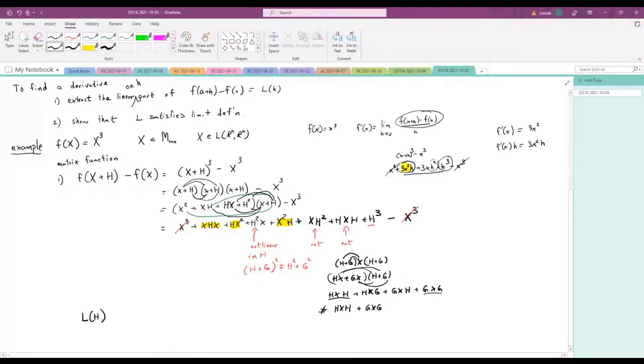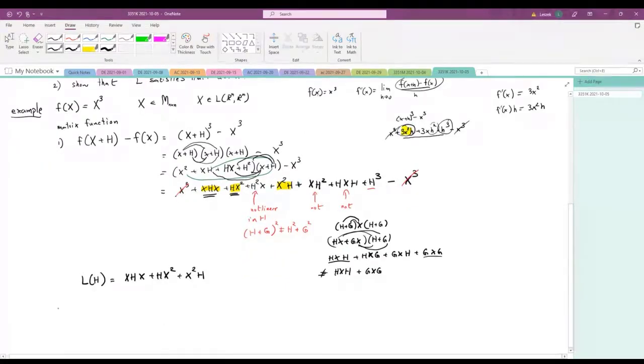It multiplies h in a way we're not used to, I guess. So that would be our derivative. That's our candidate for the derivative of this matrix equation, this x cubed at x acting on h.